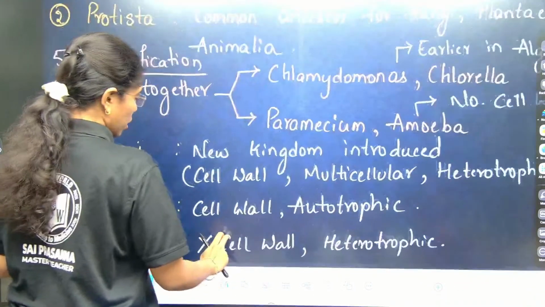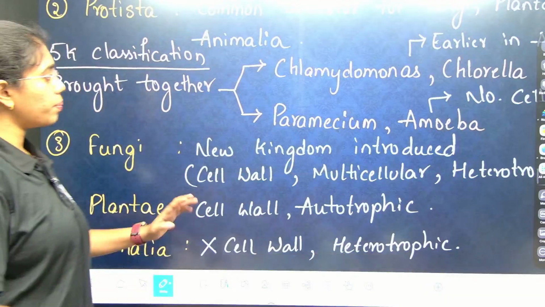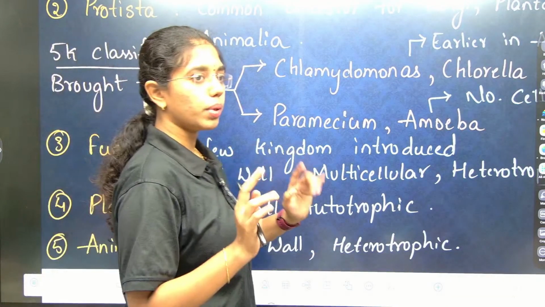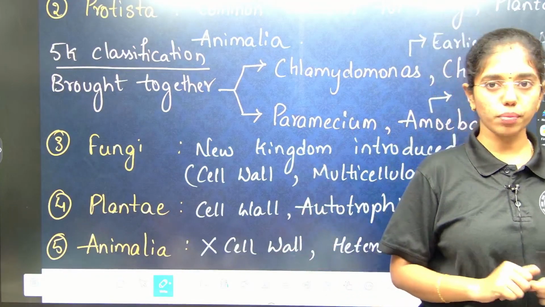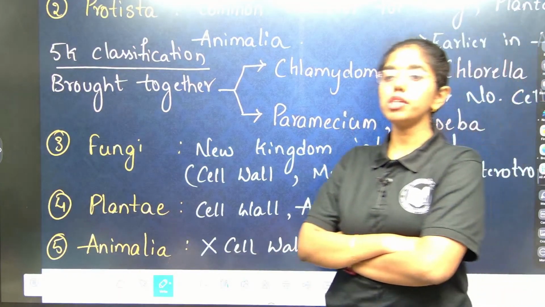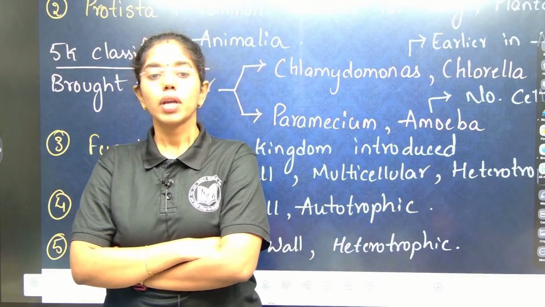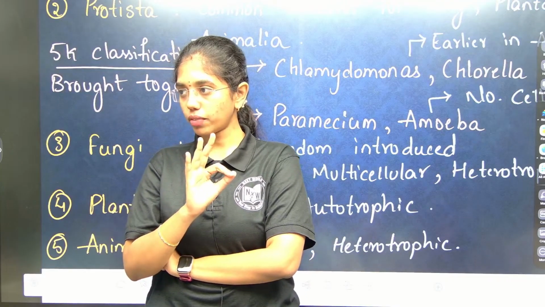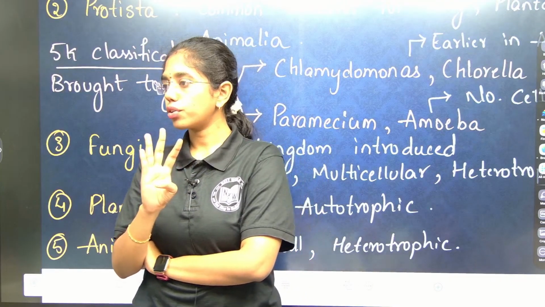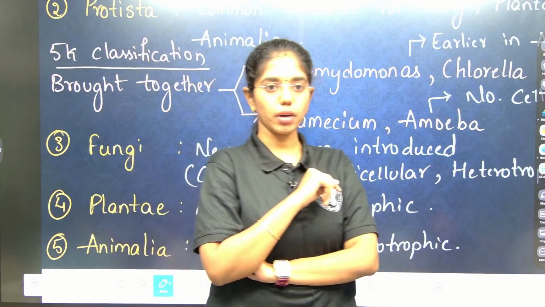Now, below the table in your NCERT, if you see, there is a big comparative discussion between 2 kingdom system of classification and 5 kingdom system of classification. 2 kingdom is proposed by Carolus Linnaeus, very good. And one major drawback is in the 2 kingdom system of classification, all the autotrophs and heterotrophs were placed in a single kingdom itself, Plantae.